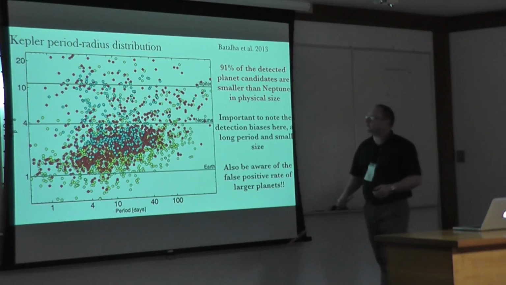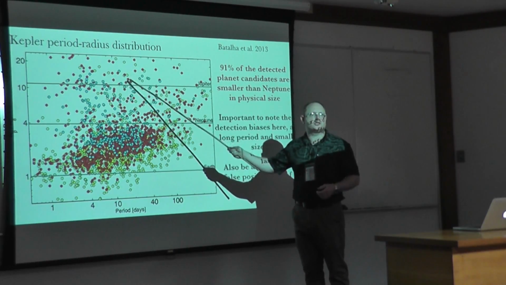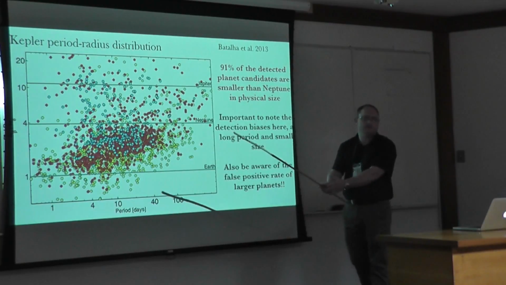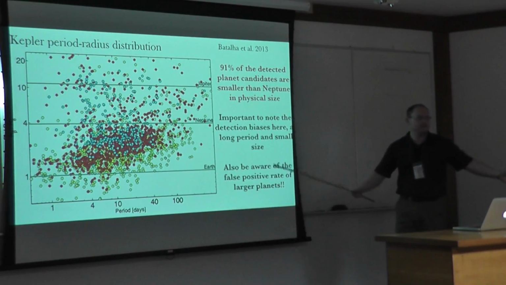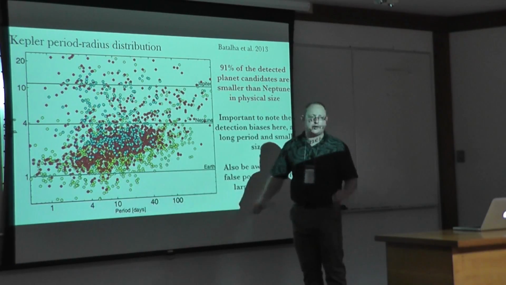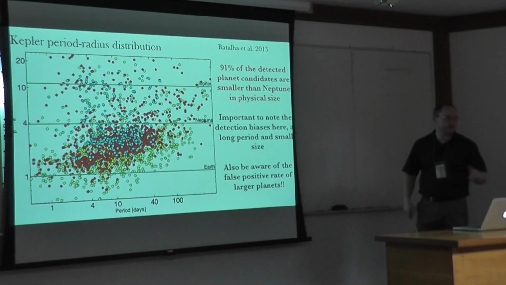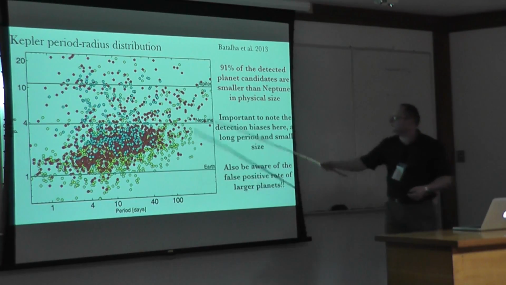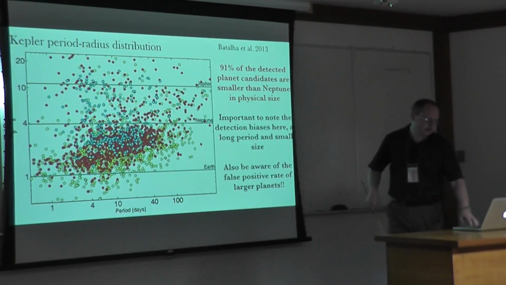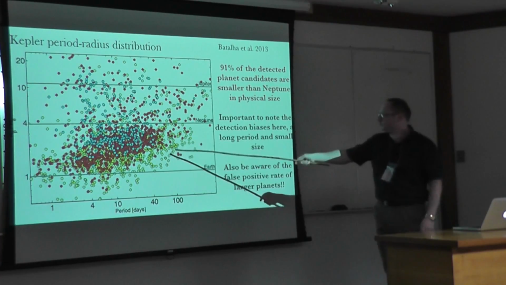And remember I said yesterday that the radius distribution basically doesn't change from M dwarfs all the way down to Jupiter. So you need to remember that up here there's possibly a high contamination factor. There may be a 50% contamination fraction of objects, at least in the Jupiter radius regime. Down here we're a bit more secure.